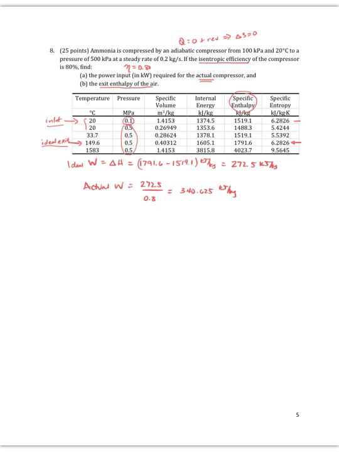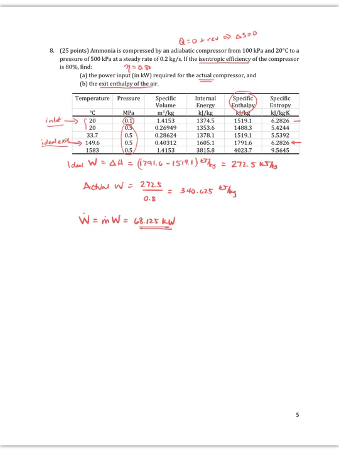Now this asks for the power. Power, W dot, is the mass flow rate times W, which in this case, 0.2 kilograms per second times the 340 gets me 68.125 kilowatts. So that's the answer to part A.